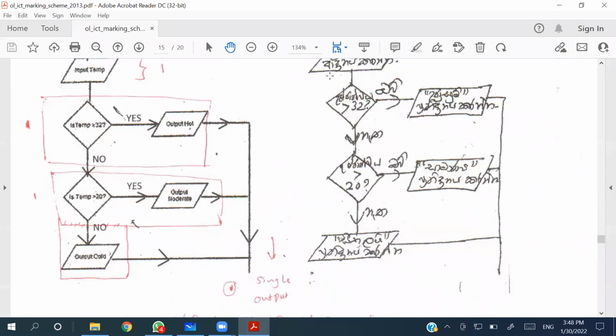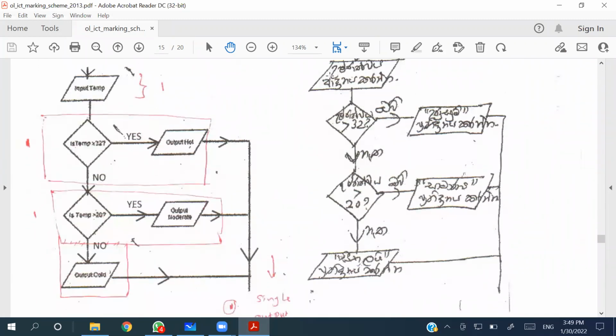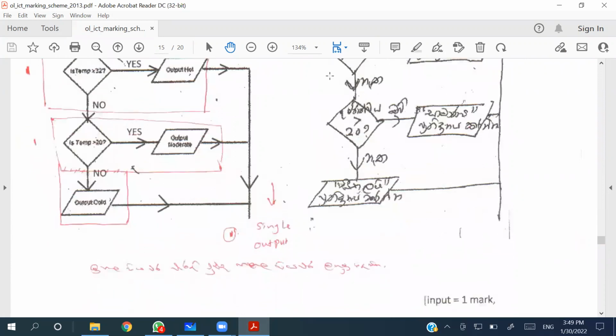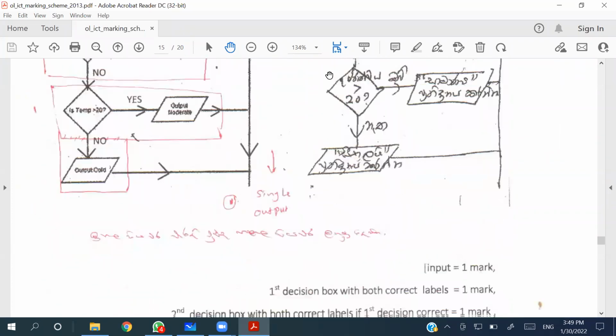Yes, there you go. See, to take it to a single output, they have mentioned it, and take in an input.